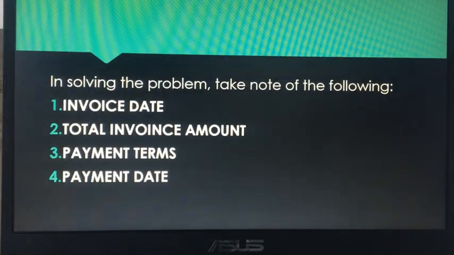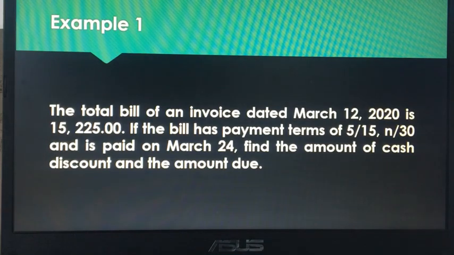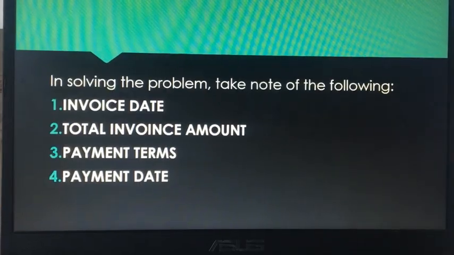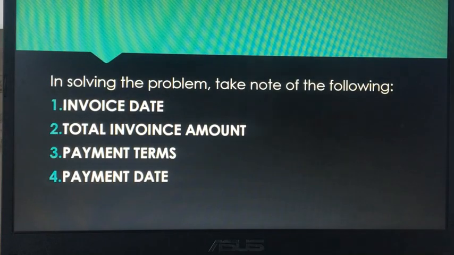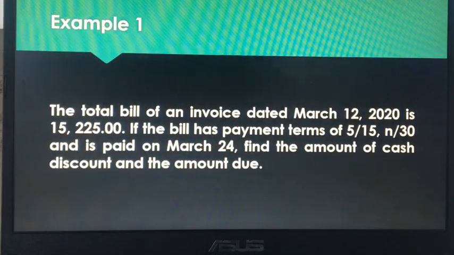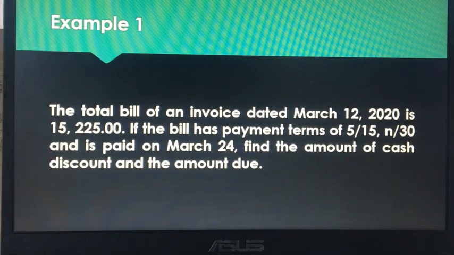First, what is the invoice date of example number 1? The invoice is dated March 12. Very good. Second, what is the total invoice amount? Very obvious, the total bill is 15,225. That is the amount that you are supposed to pay.